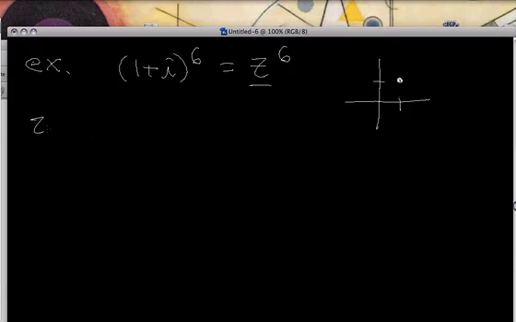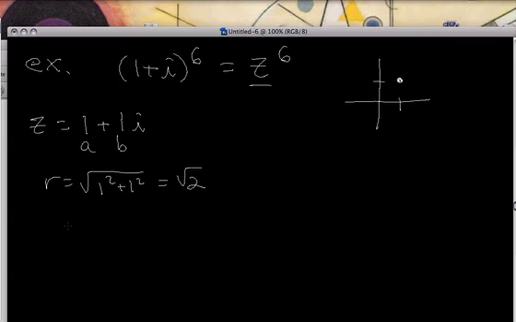Okay. So to write z equals 1 plus 1I in trigonometric form, we need to find our modulus and our argument. So if that's our a, that's our b, our modulus is square root of 1 squared plus 1 squared. By that formula that we looked at in the first part of 6.5, this is square root of 2.